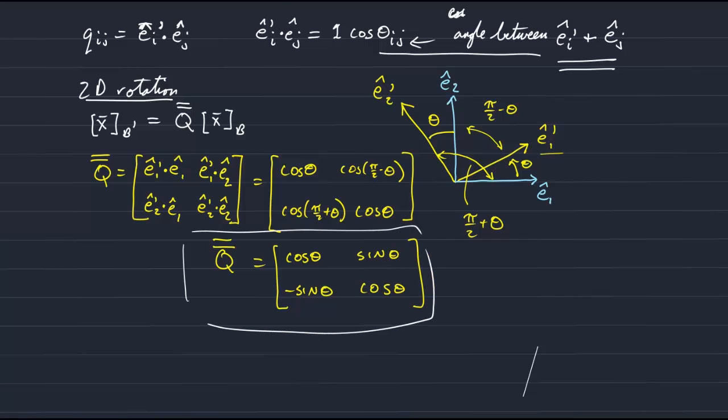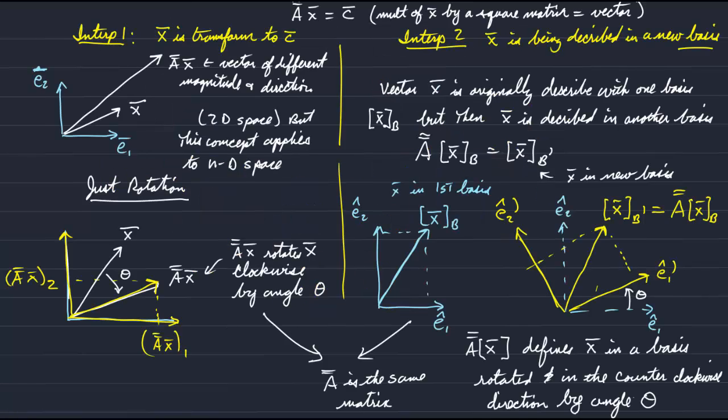And so this brings us back to when we introduced the concept. The matrix that we just defined is what we called Q, and if we set that equal to A in our equation right here, then this is how we describe x in the rotated basis as a function of x in the reference basis. And this is if the basis is rotated counterclockwise by angle theta.